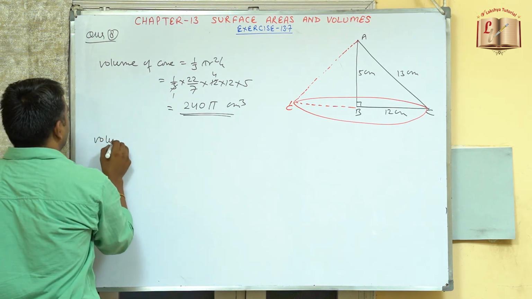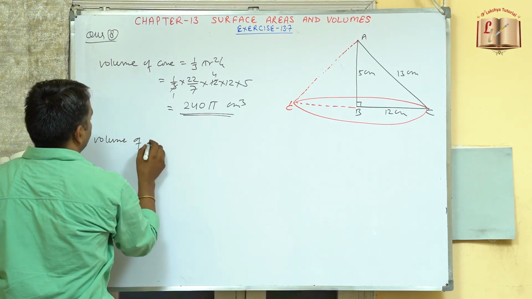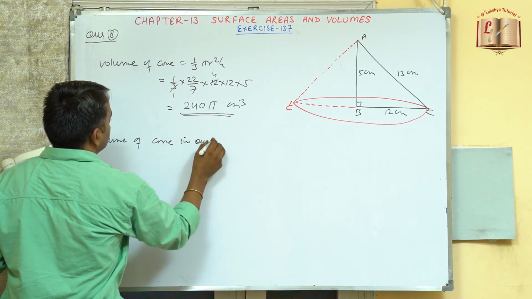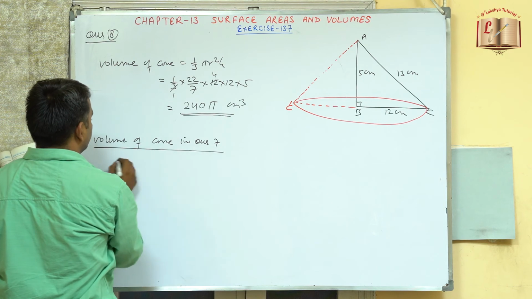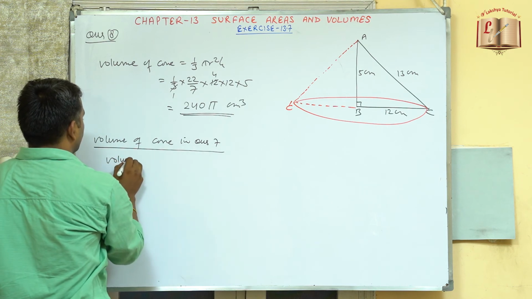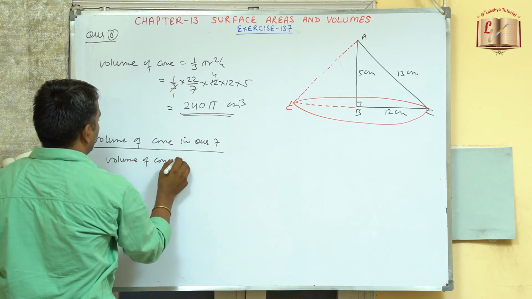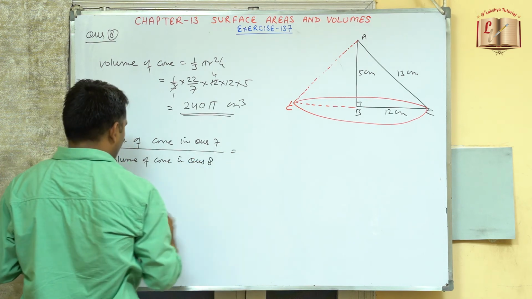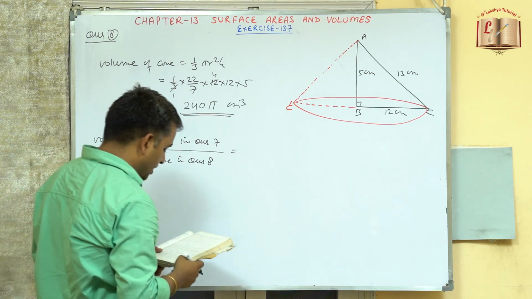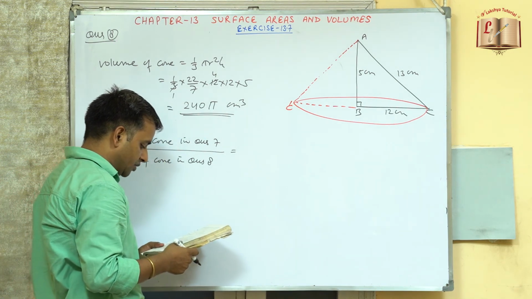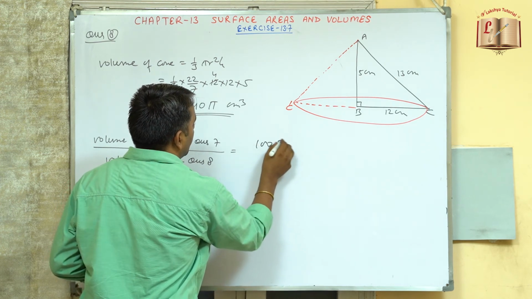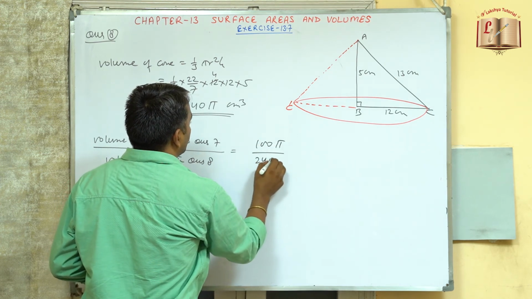Now the volume of cone in question 7 divided by the volume of cone in question 8. Earlier it was 2200 by 7, so this can be written as 100 pi. So this is 100 pi divided by 240 pi.